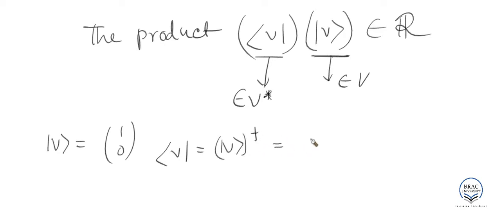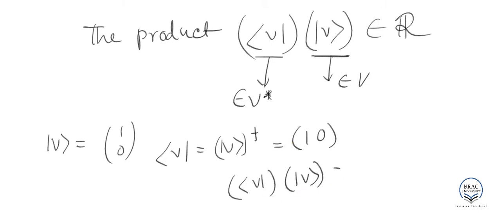If you recall, the dagger operation was transposition and complex conjugation together. So this will be just 1 0, and if I evaluate this product, this is just 1 0 times 1 0, and this is just 1.